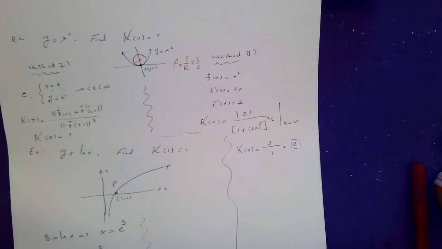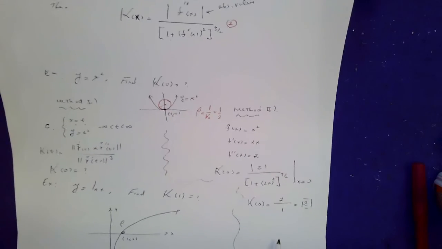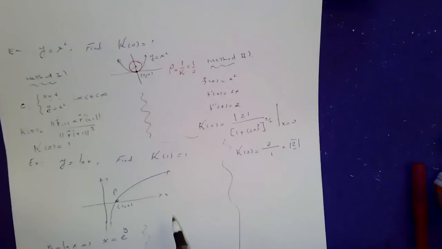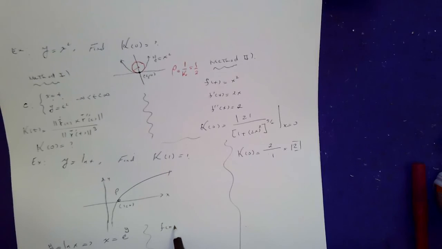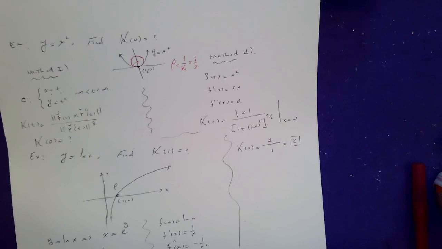The alternative is to use this formula right here. So you take the derivative of natural log of x, which is 1 over x, correct? Take one more derivative, and that would be negative 1 over x squared.